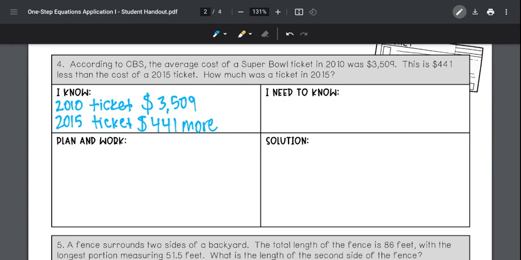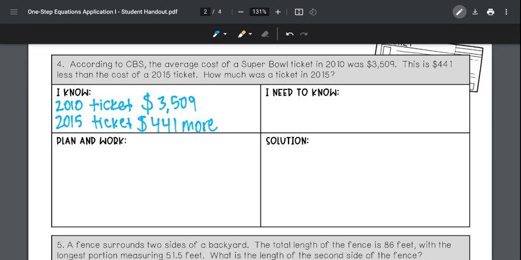Okay, that makes sense because as the years go on, things get more expensive. So in 2010, it was $441 cheaper, but 5 years later, it's way more money, okay? And that's just the average cost. There's people that are paying less, but there's a lot of people paying more than the average cost, which is nuts. So what do we need to know?